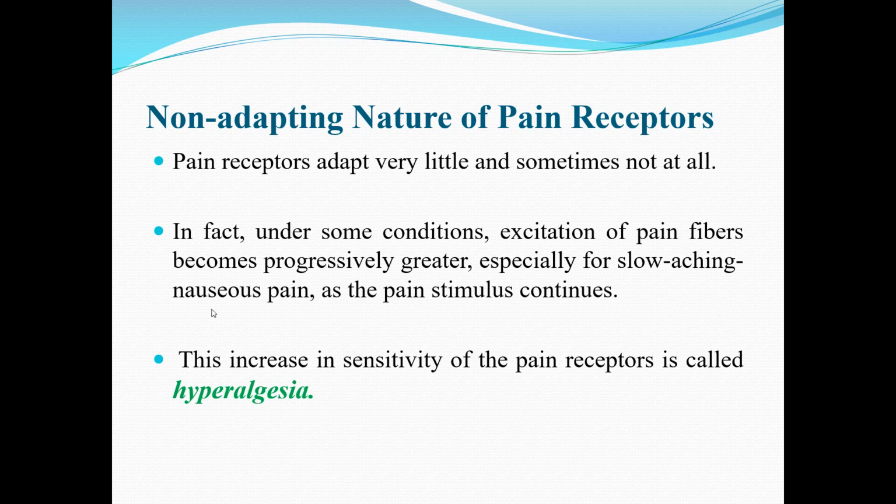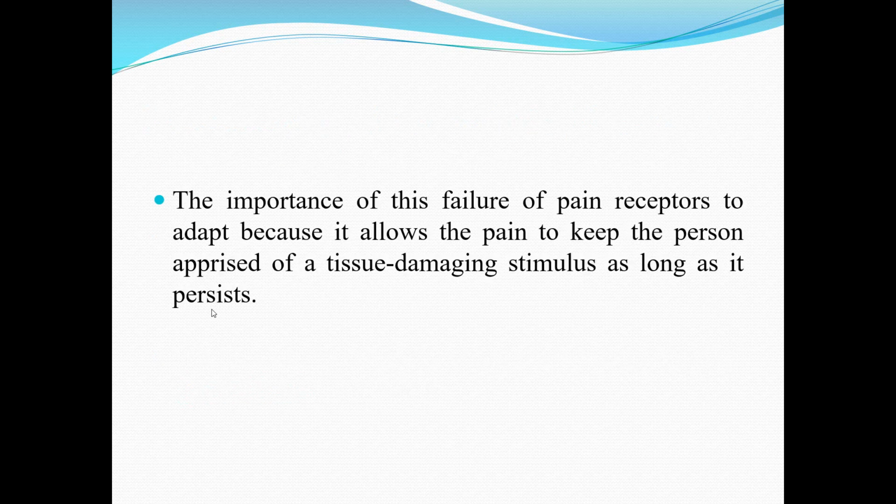So all of you should know that if a person has increased sensitivity of pain receptors, he or she is suffering from hyperalgesia. And we have to keep in mind that the level of sensitivity of pain receptors is different in different individuals. It is not the same. The importance of this failure of pain receptors to adapt is that it allows the pain to keep the person apprised of a tissue damaging stimulus as long as it persists.